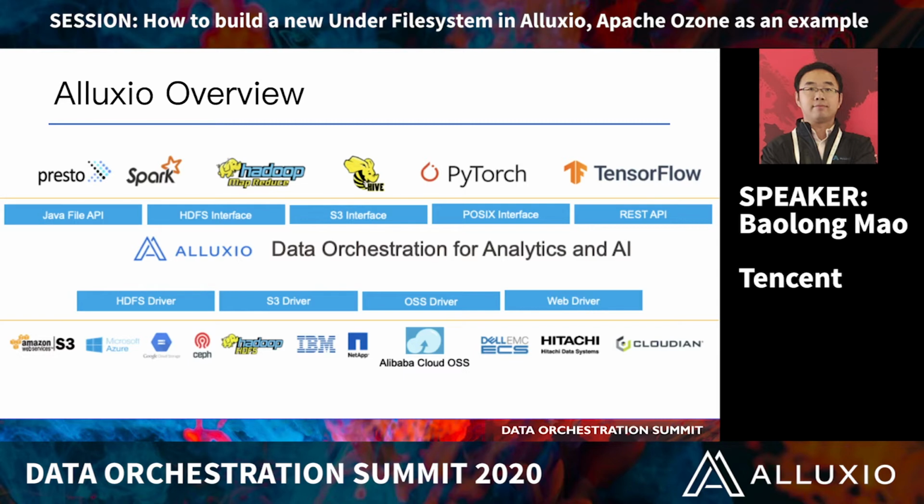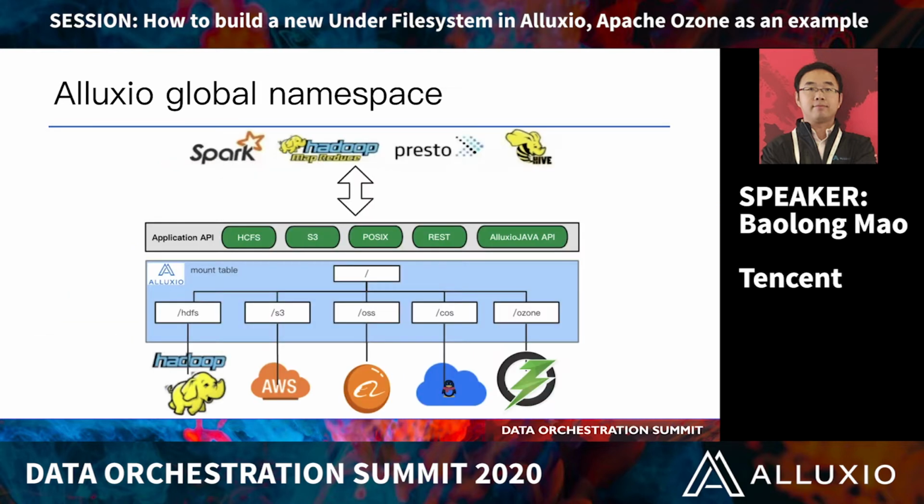This under-file system is designed to be modular in order to enable users to easily extend this framework with their own under-file system implementation and connect to a new or customized storage system.